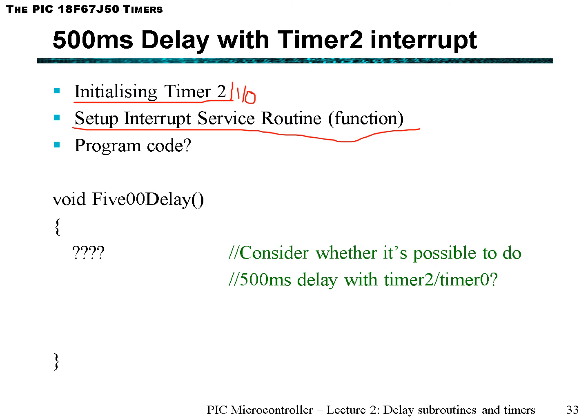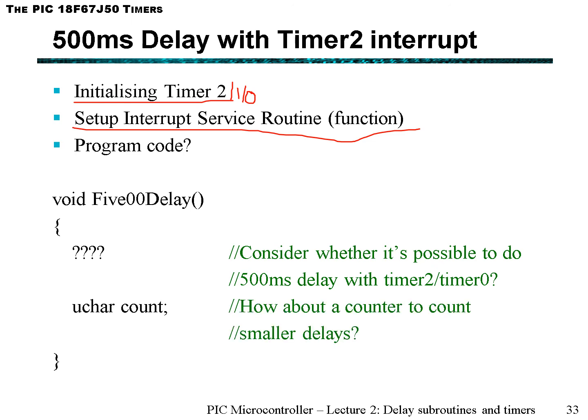Let's consider whether it's possible to do the 500 millisecond delay with other timers. You also want to consider using a counter to count smaller delays. Potentially you could look at the prescalers and find out that it won't reach 2.5 million clock cycles in one overflow. Then you want to look at having a counter, for example, a register called count, that counts however many times it has overflowed.